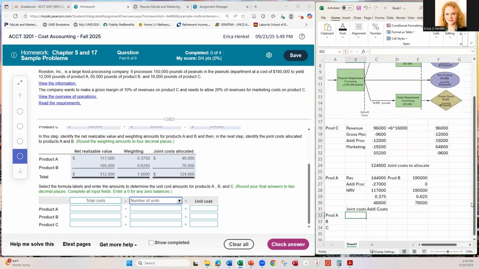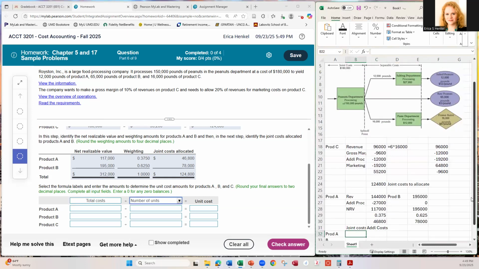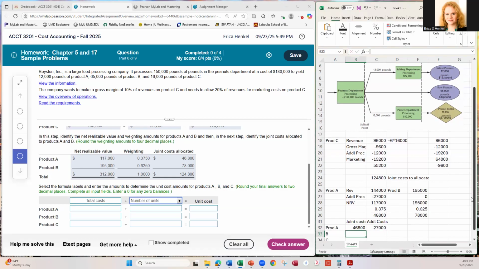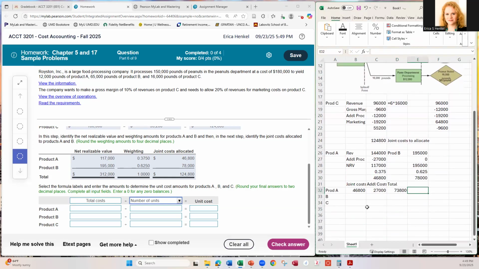And so for product A, that's going to consist of the joint costs of 46,800 plus the additional costs of 27,000. So $73,800 for that one.